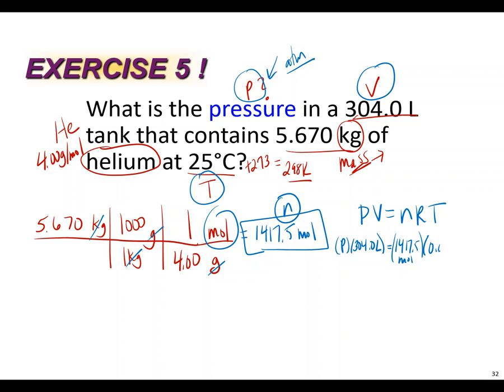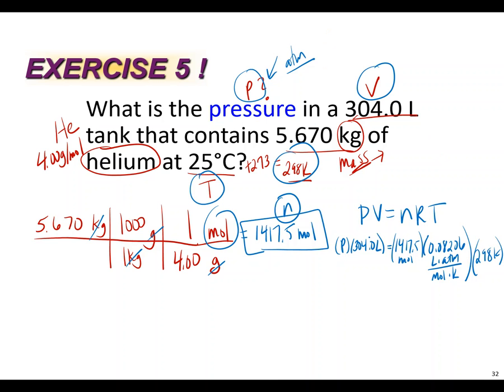I'm going to use the atm one here and calculate my pressure in atm. Sorry, that's not liters on the bottom, that should be moles. Moles times Kelvin on the bottom, and then over here my Kelvin, which I calculated to 98 K.